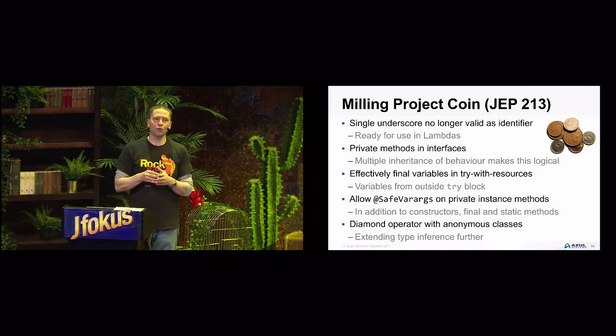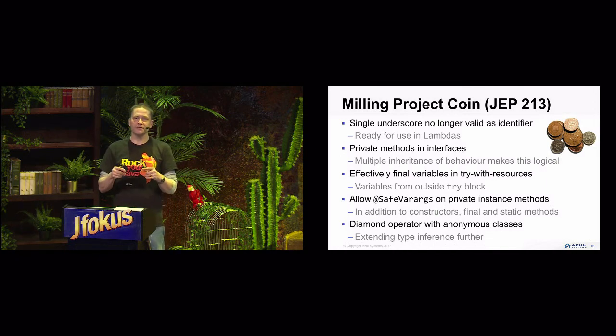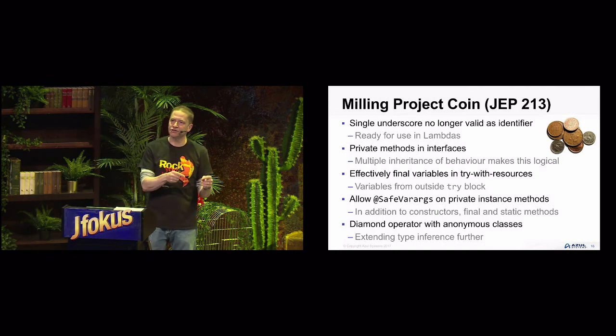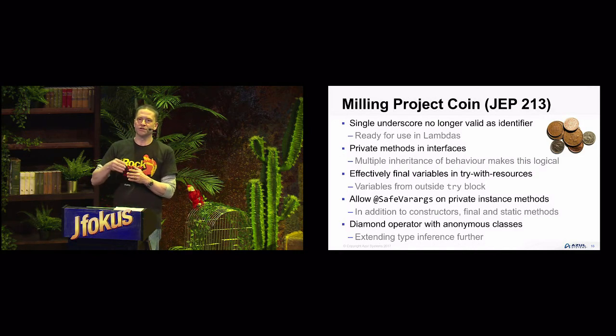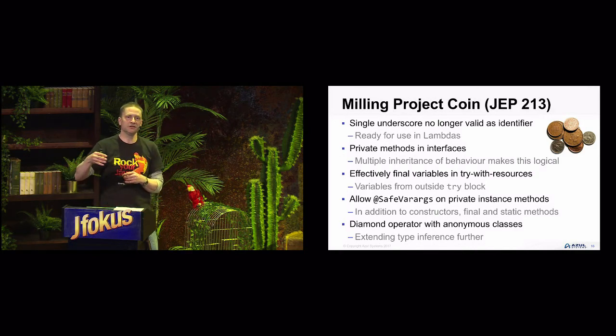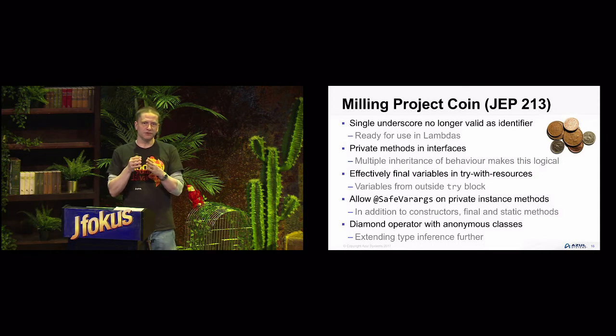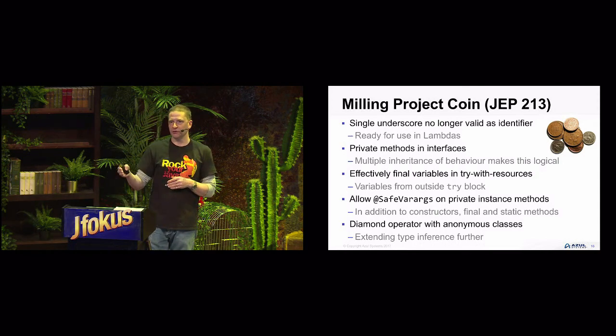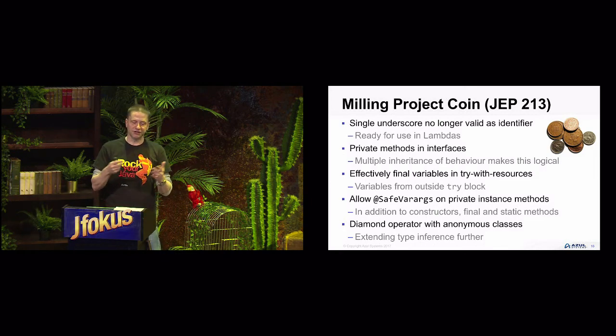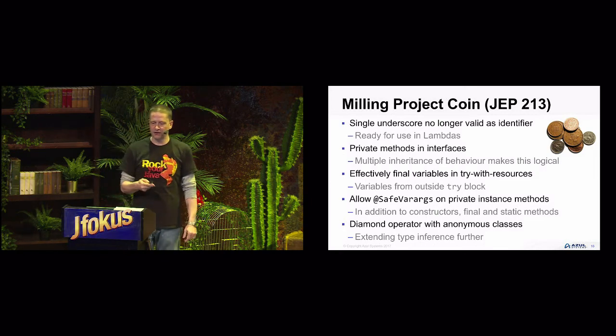The reason for that was that there were situations where the type inference that the compiler would generate was what's called a non-denotable type. It was one that the compiler could understand, but it was a type that couldn't be represented in terms of the class file structure, and one that the virtual machine would understand. Now, so long as the type that's inferred is a denotable type, so it can be represented, then you can use the diamond operator. So essentially, you just try it and see whether the compiler likes it or not.